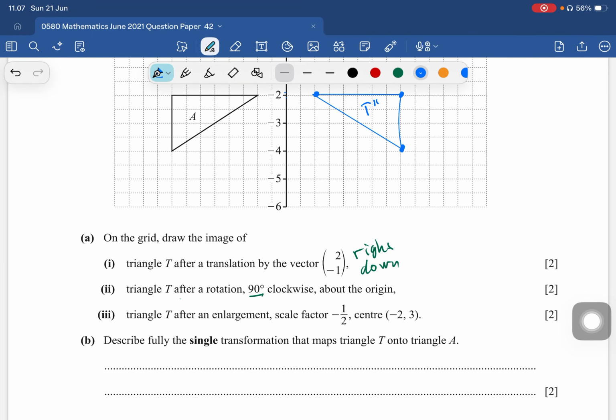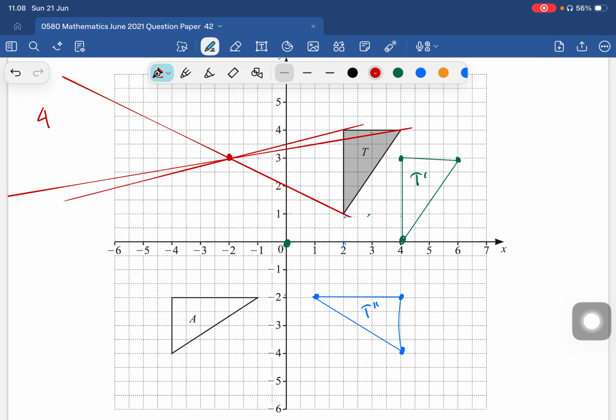As this is scale factor negative a half, so let's count it. Here we got 1, 2, 3, 4, 4 right. And after 4 right, 1, 2, 3, 4, and here is 1 up. Another one is 4 right.